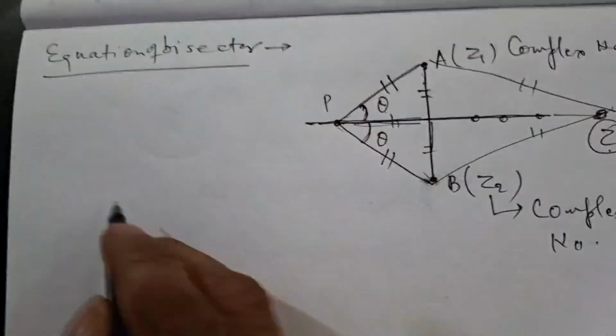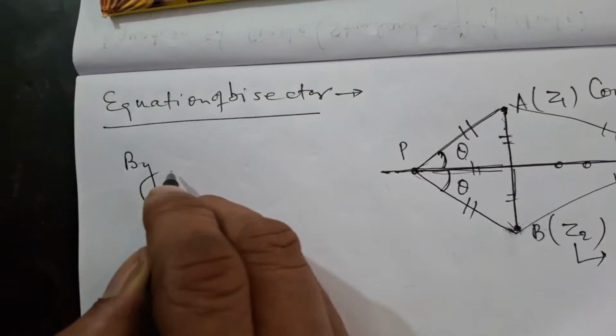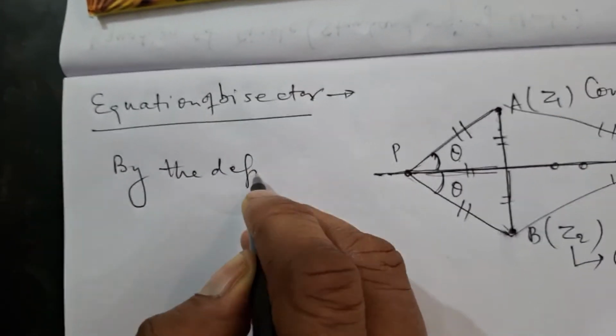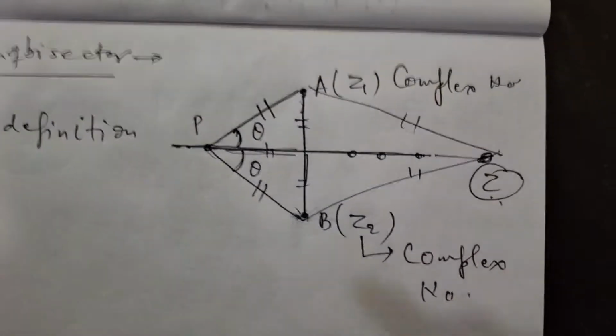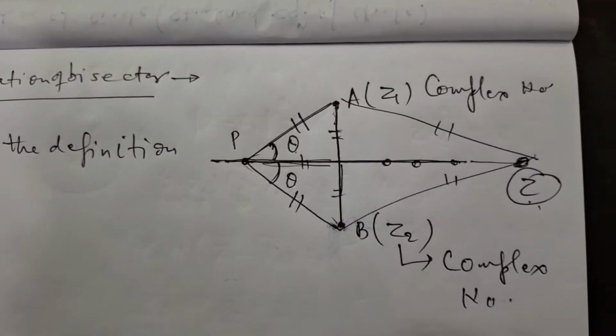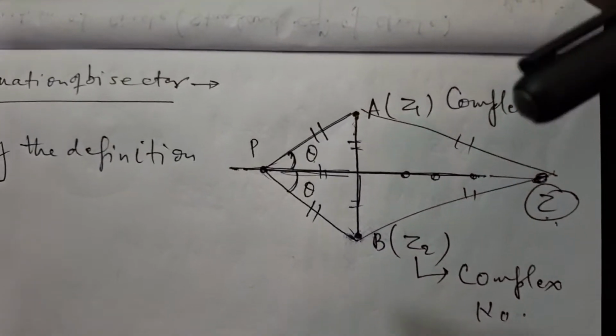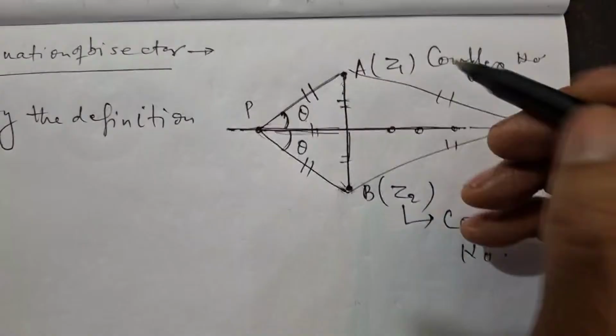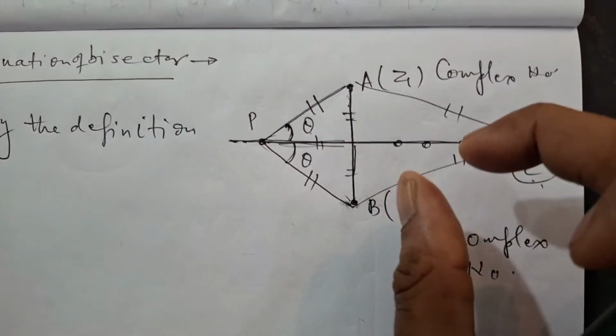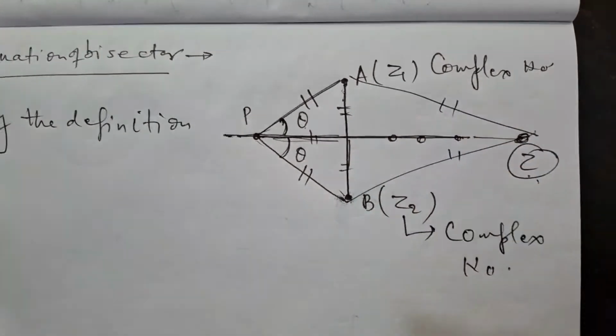So can we write AP by the definition of a bisector? Again I am saying to you all, in terms of technological development, various technologies are already discovered, but why are we discussing complex numbers in terms of geometry?